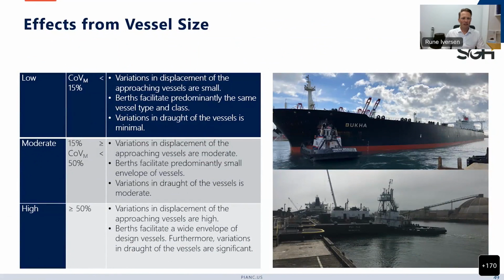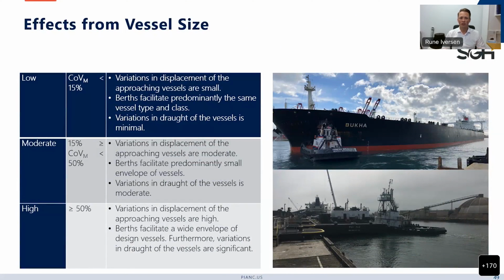So a few things that we actually looked at as part of this work was, well, for instance, what's the effect of vessel size? And now we have very clear guidelines in place for that. We have three classes: low variation in vessel size, moderate variation in vessel size, high variation in vessel size.